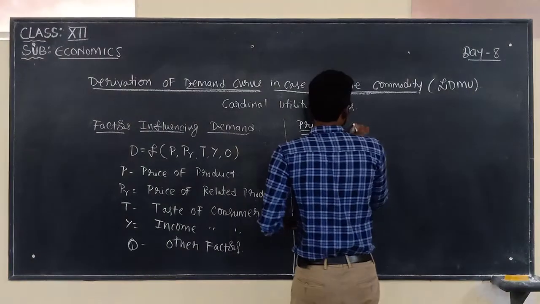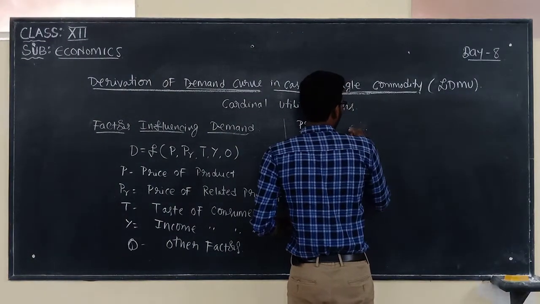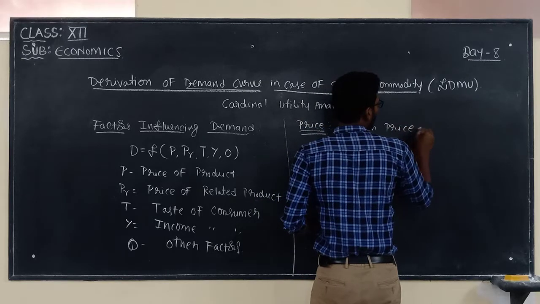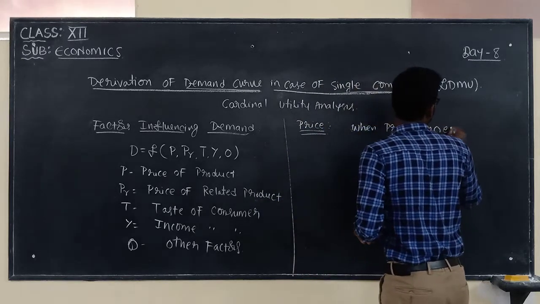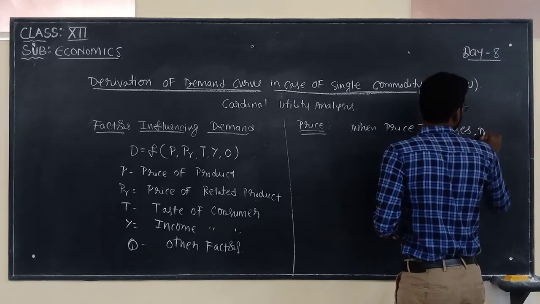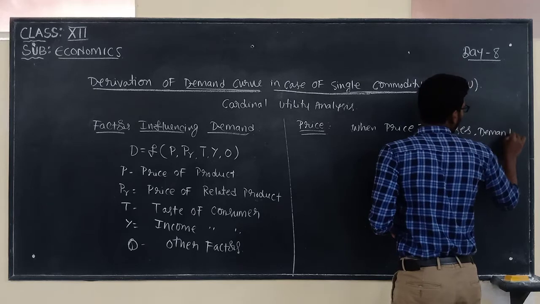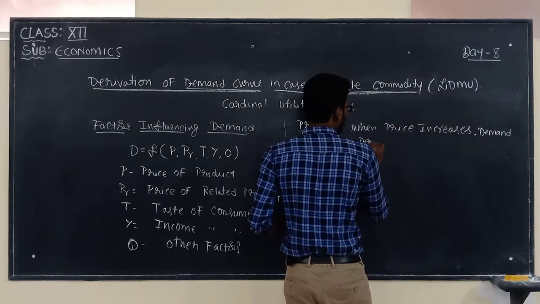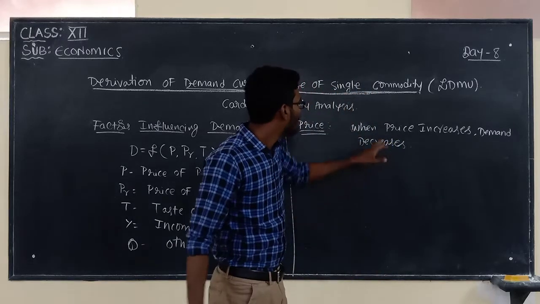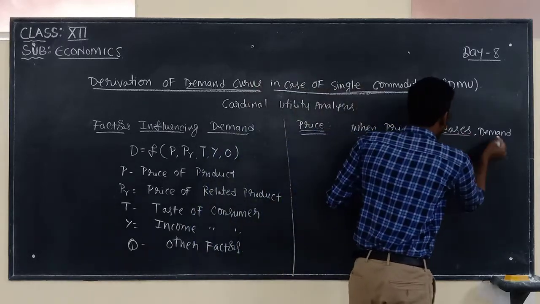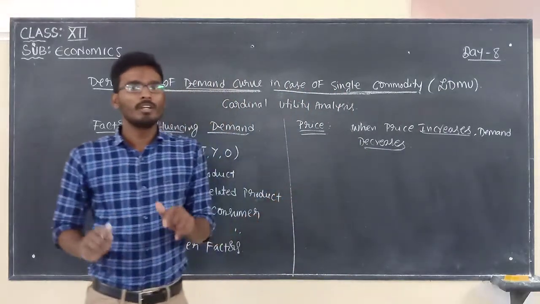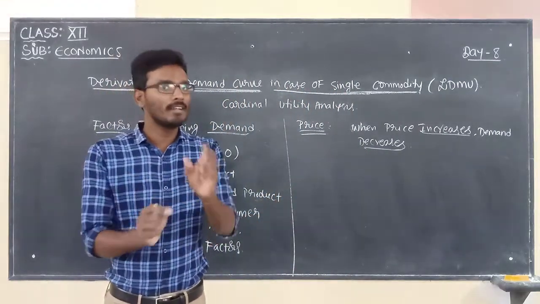See, when price increases, what happens to demand? Demand decreases. When price increases, the demand of the product will decrease. Correct or not? Example, just look into the market about one product.